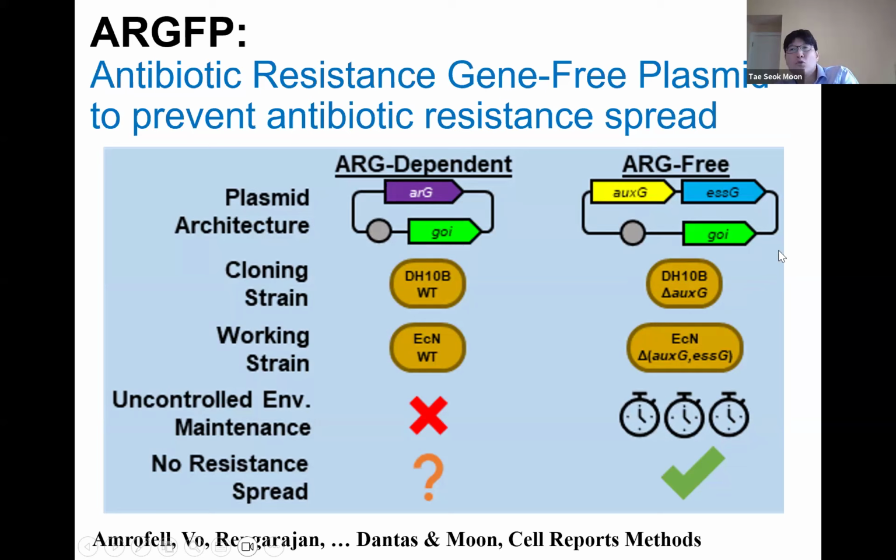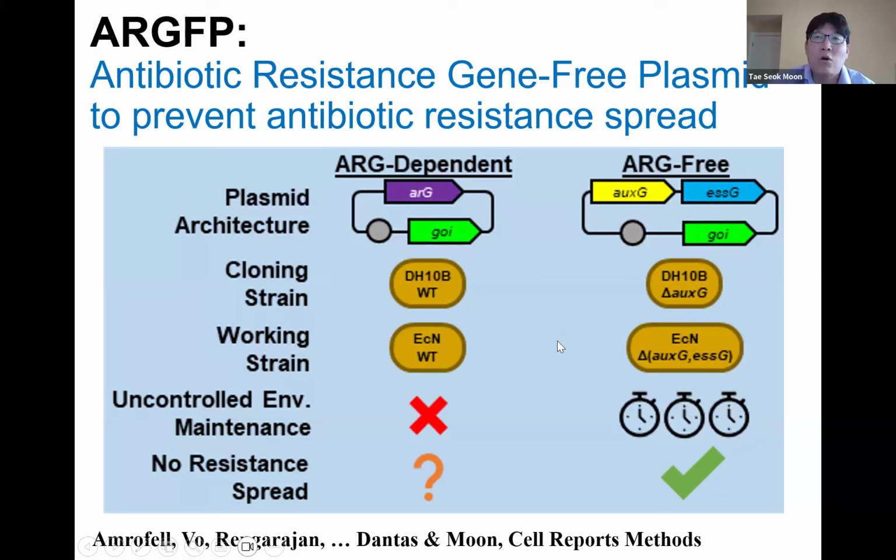Then you do whatever cloning you want by using Golden Gate assembly or Gibson assembly, and once you do a transformation, you screen at 42 Celsius for temperature-sensitive origin curing, or on sucrose media, and our intermediate plasmid is just gone, and only your plasmid of interest remains. In that way, we achieve a plasmid cloning method that is actually ARG free.